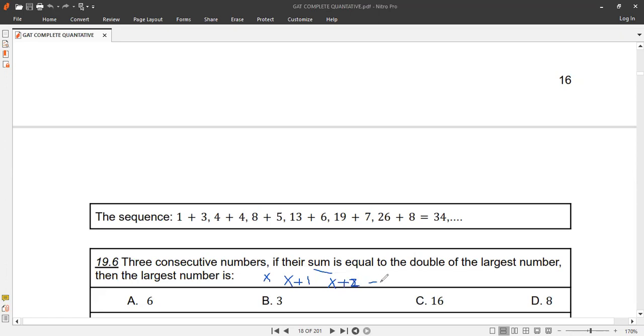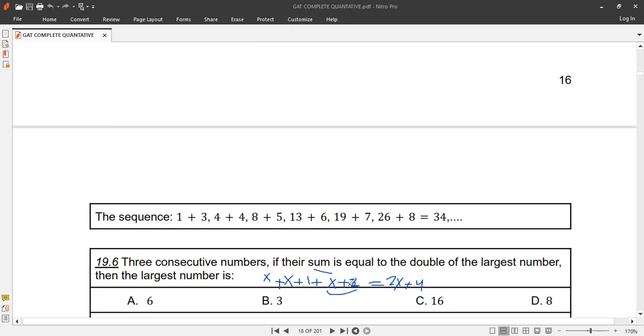So here we have an equation. If you double it, it becomes 2x plus 4, the double of x plus 2.